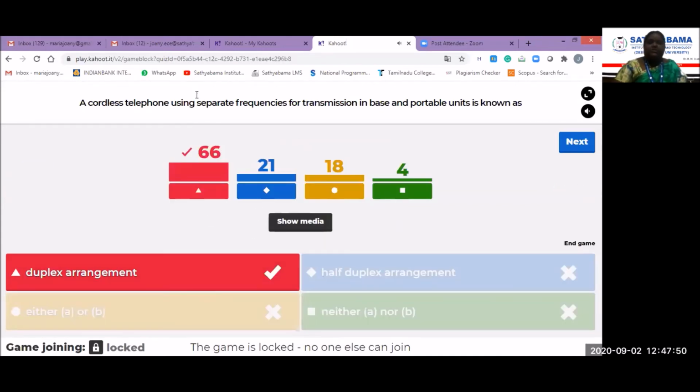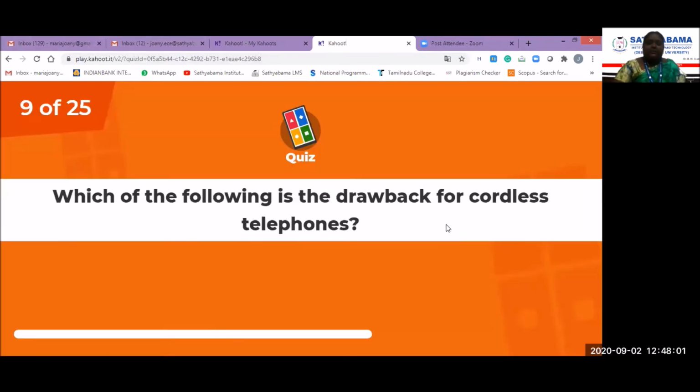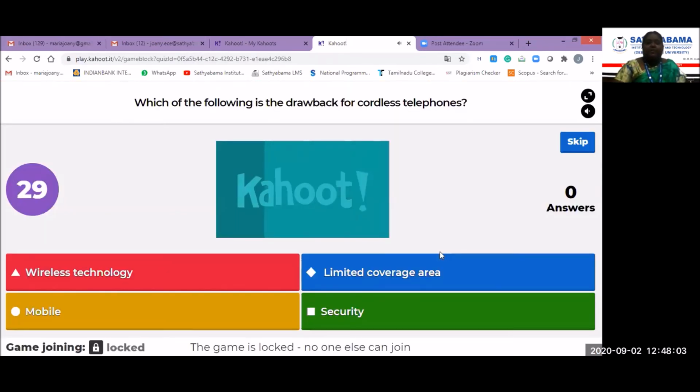It is going to be a duplex arrangement. Which of the following is the drawback of cordless telephones? Practically you should know, as we are using it in our home.